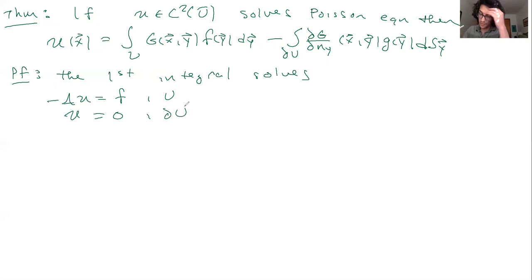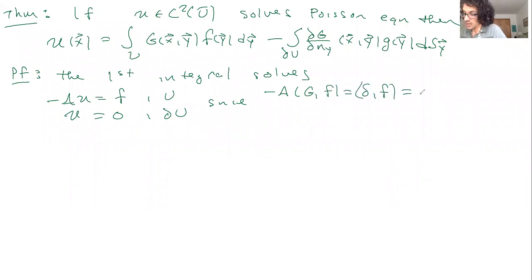Minus Laplacian of u equals f, u equals 0 on the boundary, okay? And this is essentially since minus Laplacian of G f is equal to delta f, which is equal to f, right? And then G f is equal to 0 at x in the boundary of U, okay?